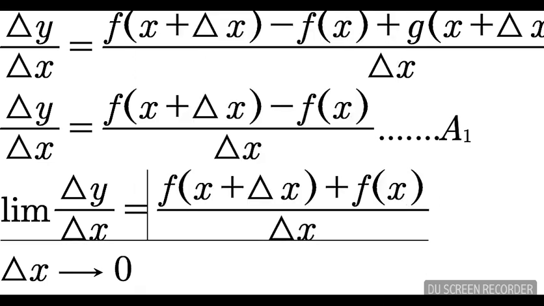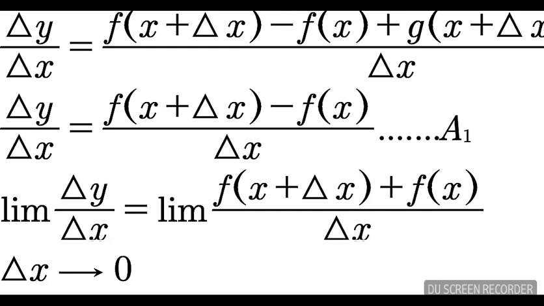So we are taking the limit of both sides: the limit of f of x plus delta x minus f of x, all over delta x, as delta x approaches 0.